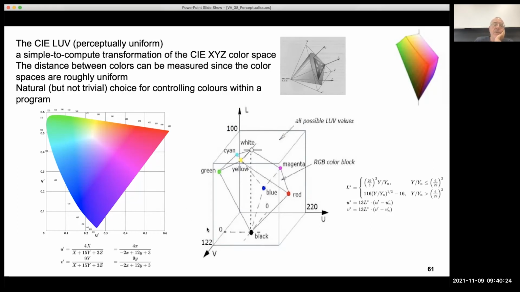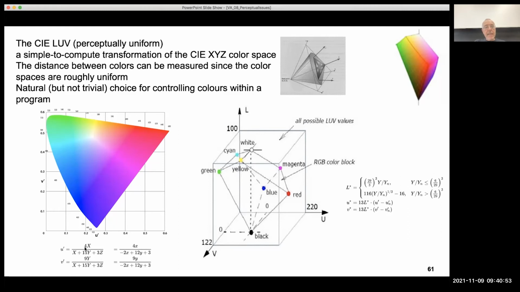Basically, without going into the discussion, they take the normalized scale and they produce three new coordinates, L, U, and V, through a set of strange combinations. 4 times X divided by X plus 15Y plus 3Z.